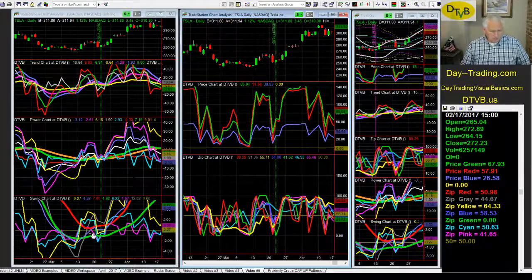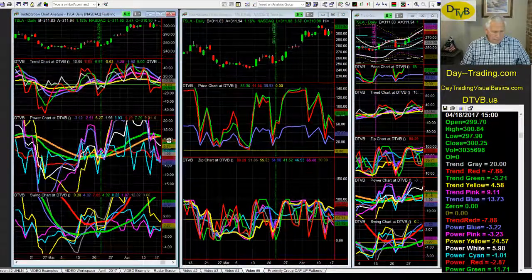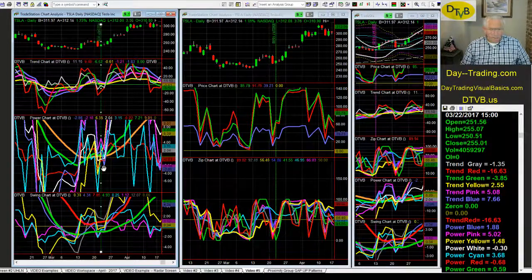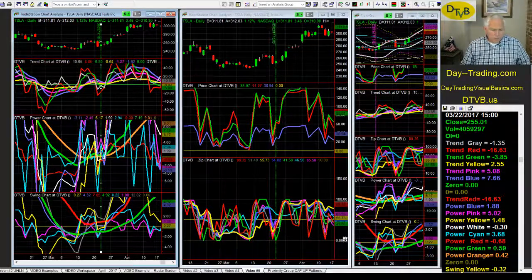And as you can tell, the swing lines are moving up, the red and the green short-term trend lines. And if I expand this a little bit, you can see that the power green is above the orange, but the power green on this day is at 0.59, and the orange is at 0.42.